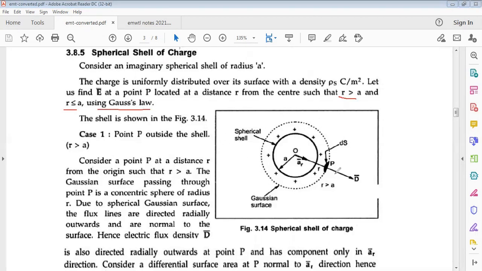Suppose this Gaussian surface is outside the sphere and inside the sphere is the other case. The first case, if I am taking r greater than a, the point P is outside the shell, outside the Gaussian surface. So consider the point P at a distance r from the origin, where r is greater than a. The Gaussian surface passing through the point P is a concentric sphere of radius r.